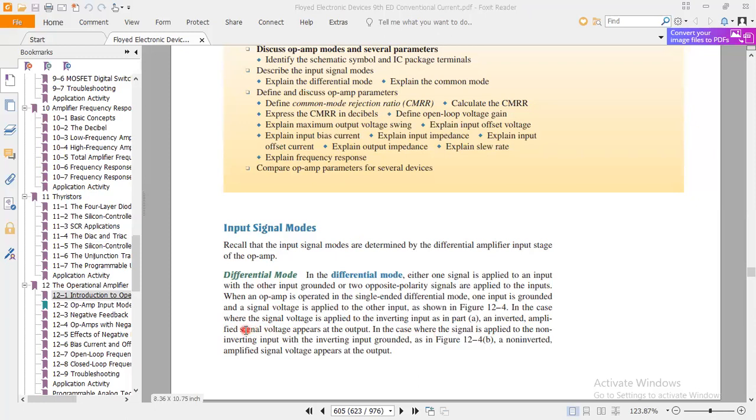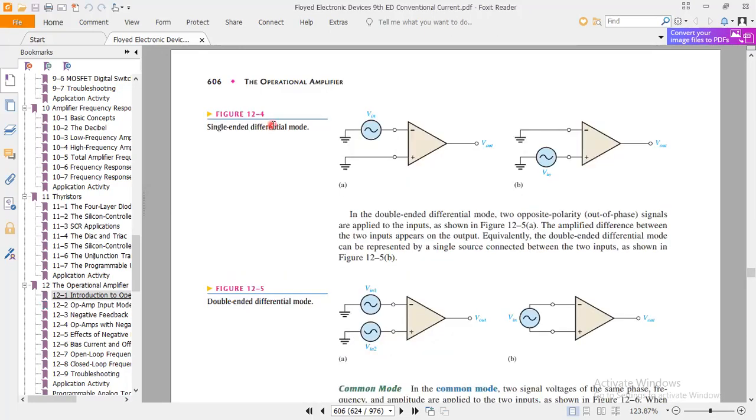In the case where the signal voltage is applied to the inverting input, as in part A that we have discussed in this figure, if we want to use a single-ended input in the differential mode of an op-amp, we have to ground one input directly.